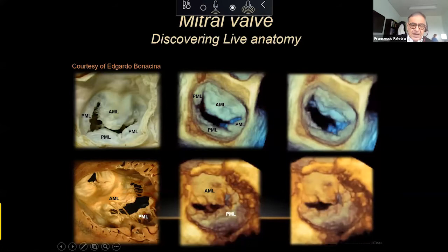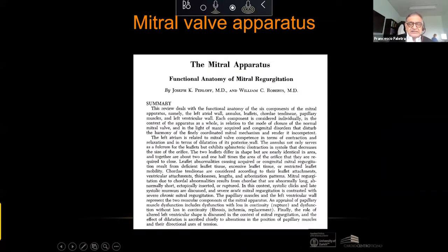We will start this lecture by showing this very nice, very old, but still modern paper of anatomy written by Perloff and Roberts, in which they consider the mitral valve not a simple flap of tissue which opens and closes, but a complex apparatus made up of several structures.